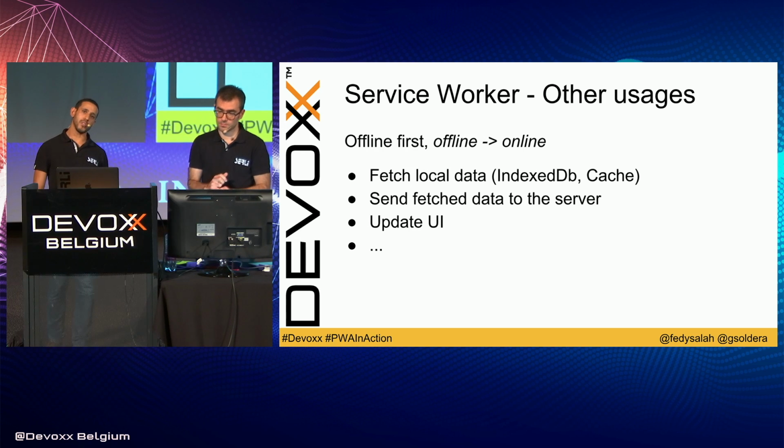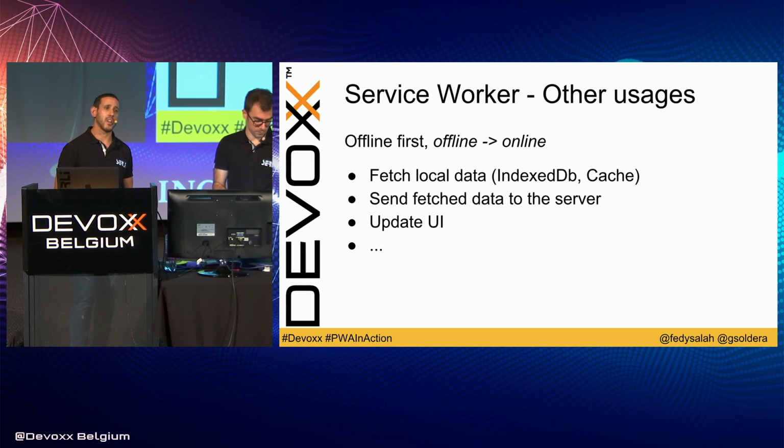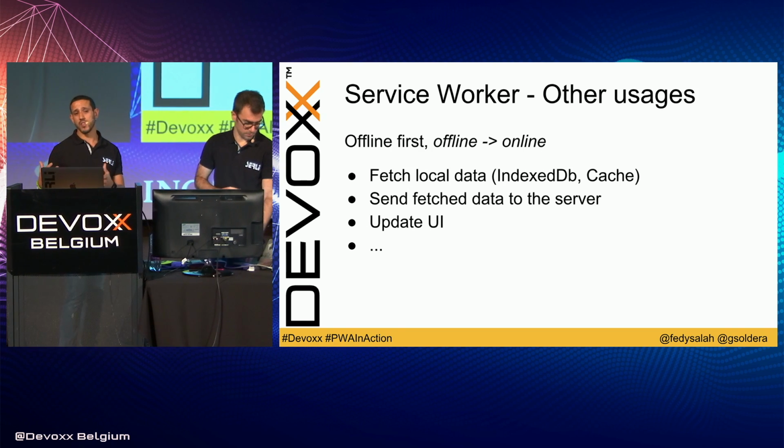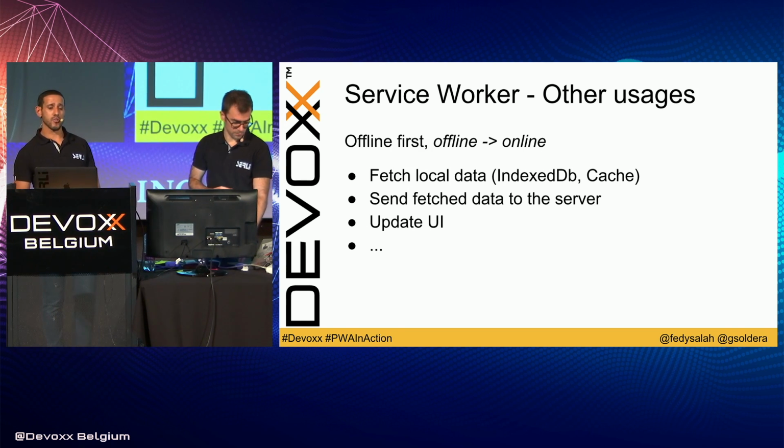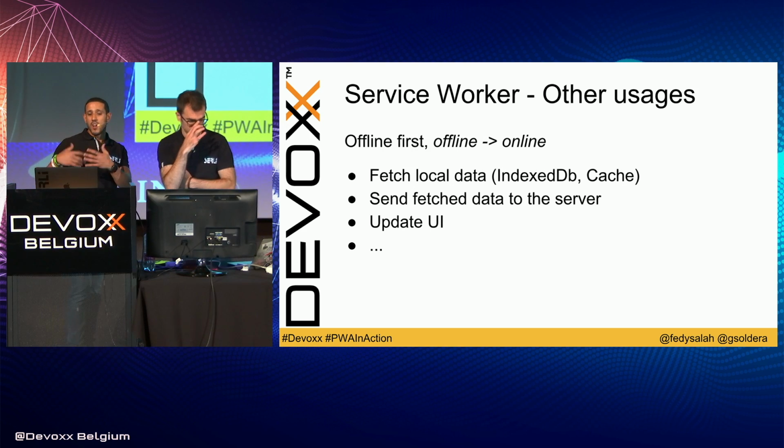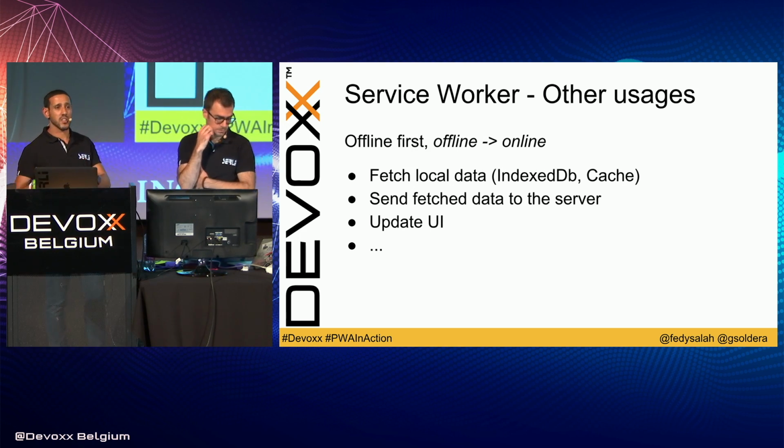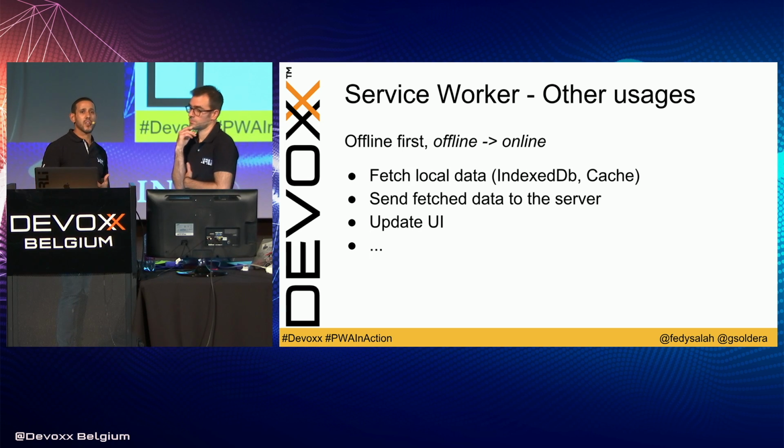So we see that a service worker can be useful for notification, to send notifications to our users, but the other use case, which is as important as notification, is background synchronization. What do we mean by background synchronization?